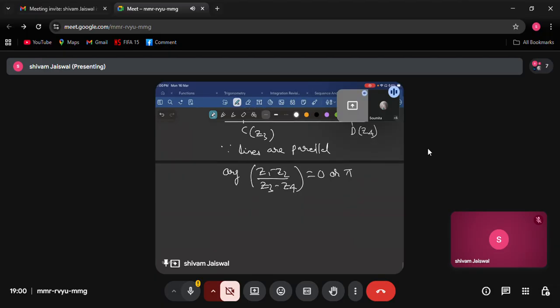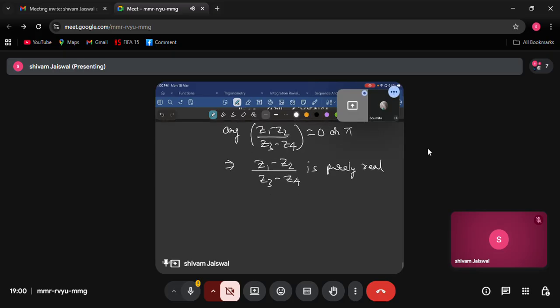Argument of Z1 minus Z2 upon Z3 minus Z4 is equal to 0 or pi. This implies Z1 minus Z2 upon Z3 minus Z4 is purely real. And if it is purely real, what can we say?